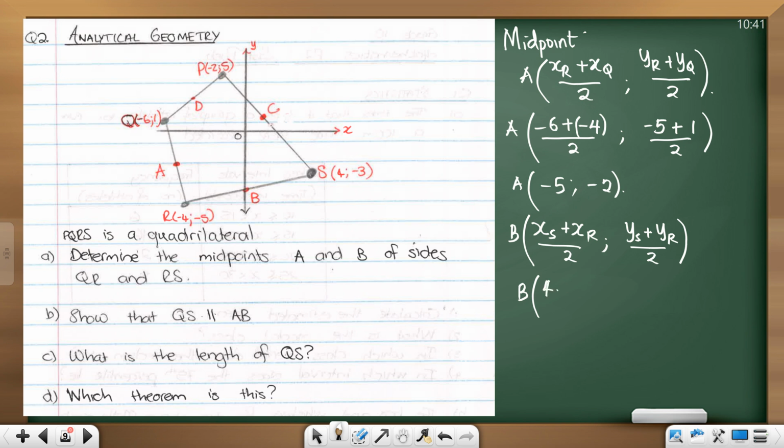X value of R, plus -4 over 2, plus -5 over 2. What are we going to have? 4 minus 4 divided by 2. Thank you. We are done. You don't need a calculator. -3 plus -5, -8 divided by 2. We're done. Use your head. Your head must not just carry beautiful hair. It must also carry brains.